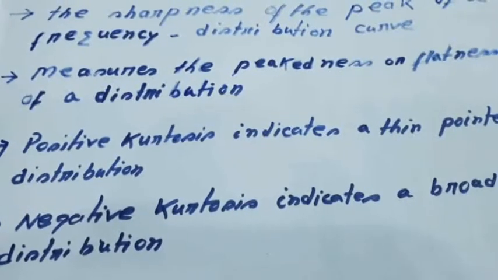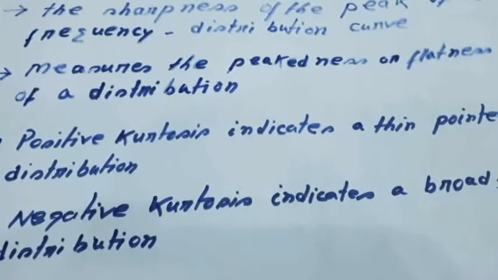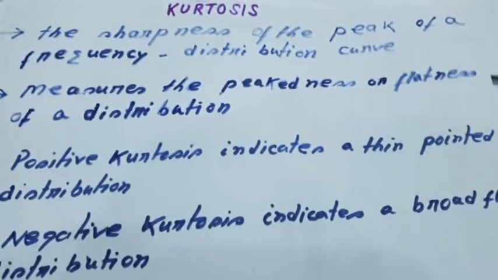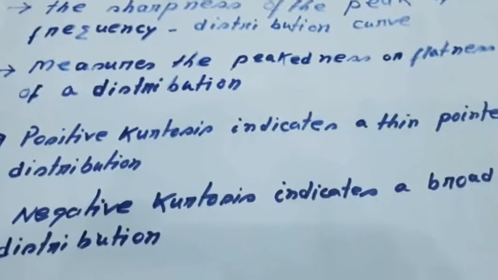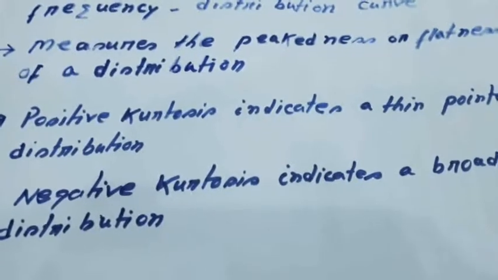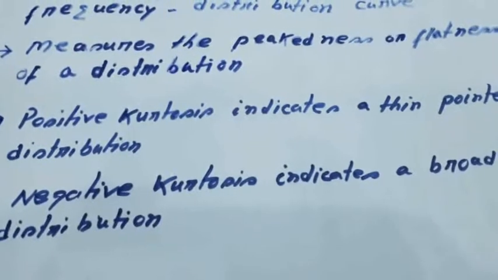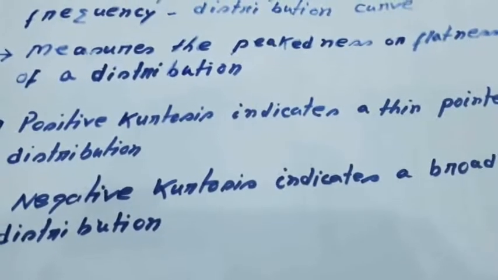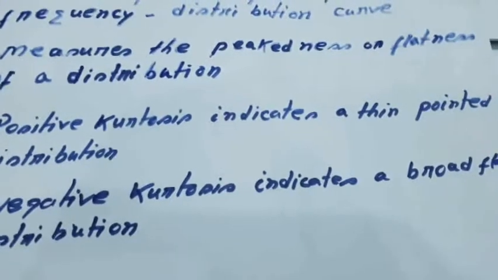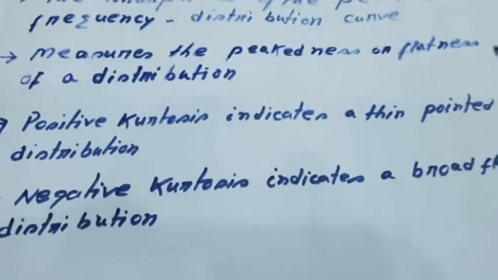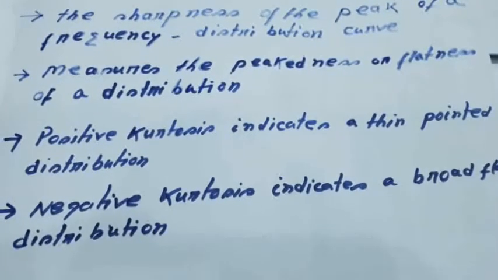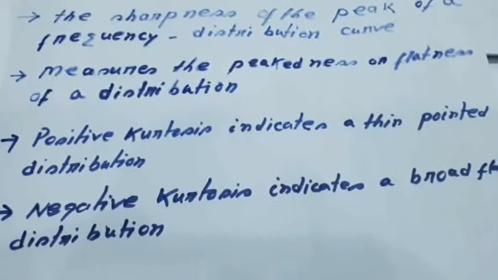If the value of the kurtosis is positive, it indicates that there is a thin pointed distribution. On the other hand, if we see the kurtosis has a negative value, it will indicate a broad flat distribution of the frequency distribution curve.